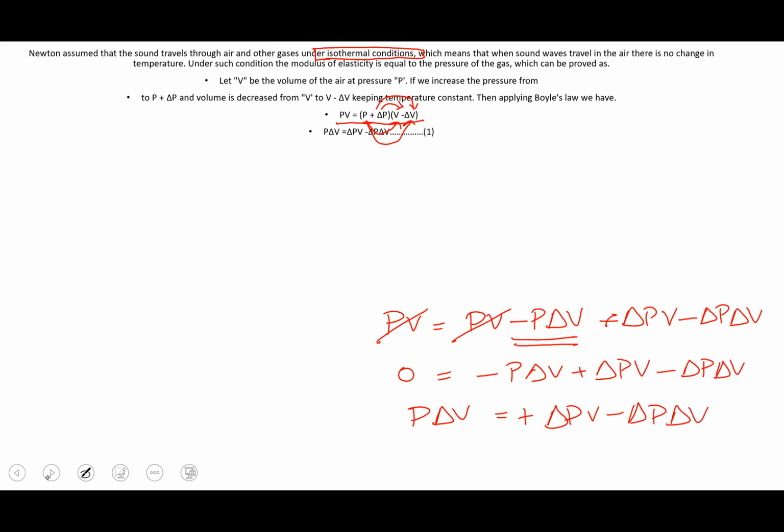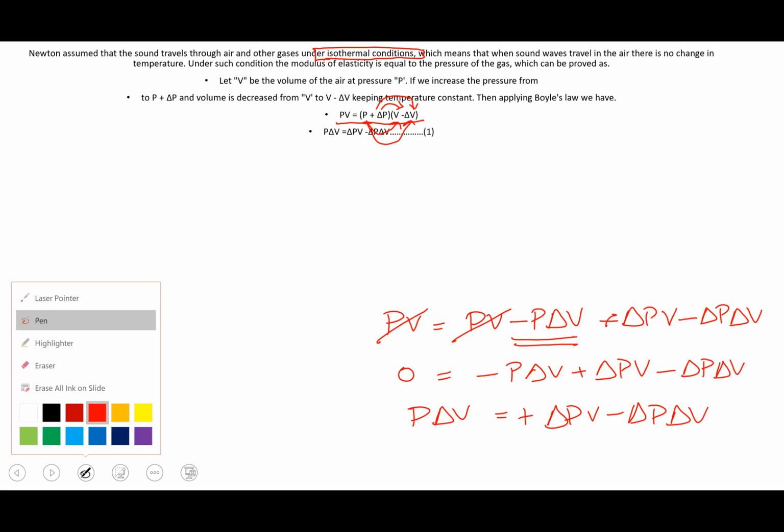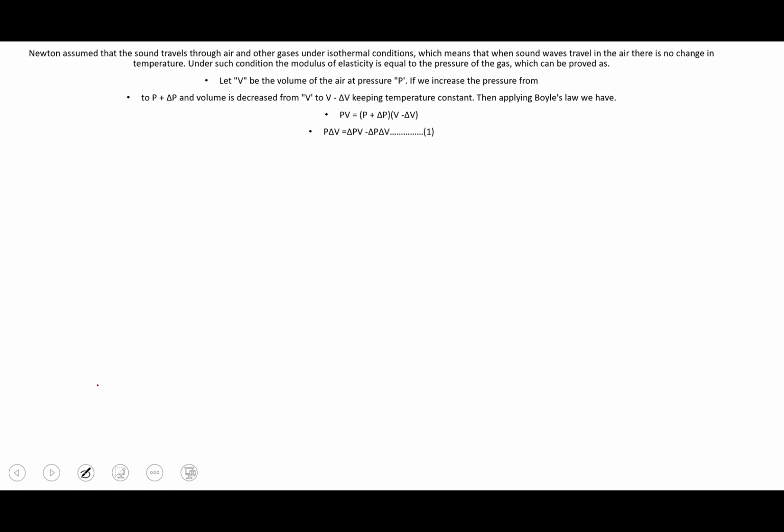Now this is the next step. Let's call this equation number 1. These values are very, very small. We already know delta means a small change, but when two small values multiply, they become even smaller.